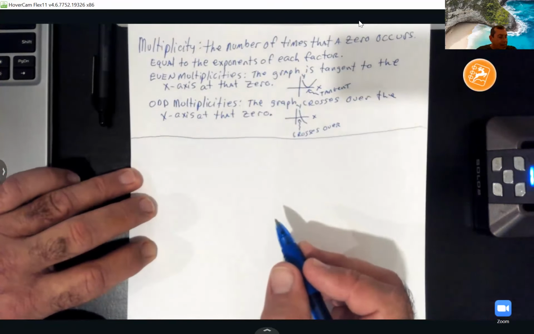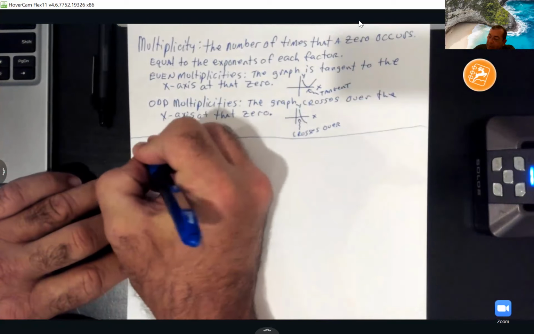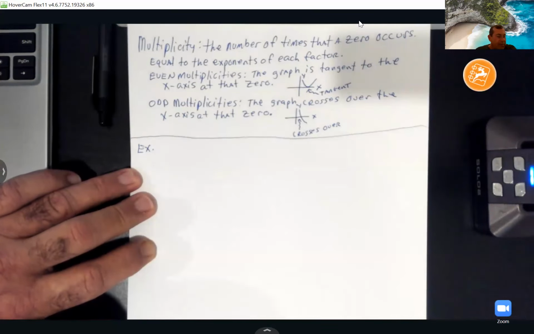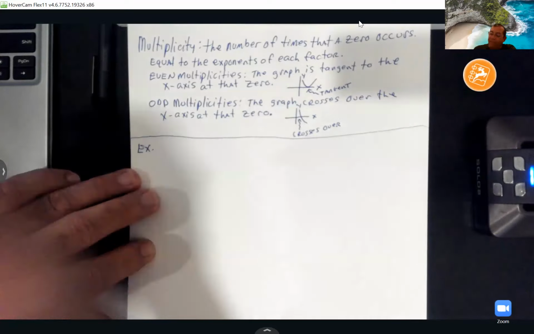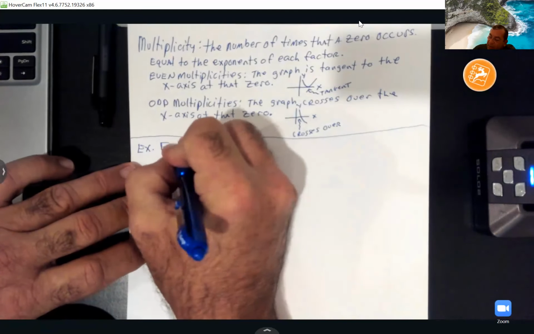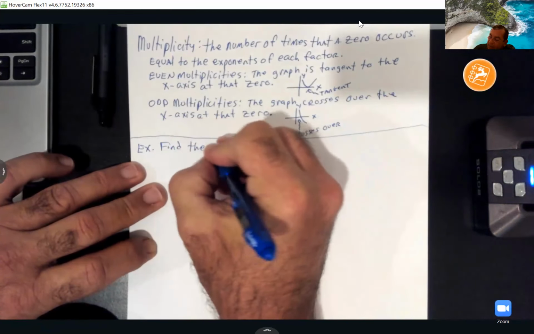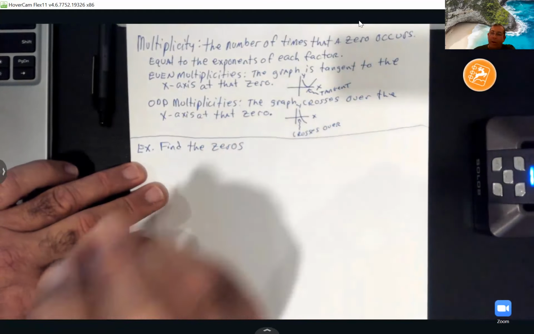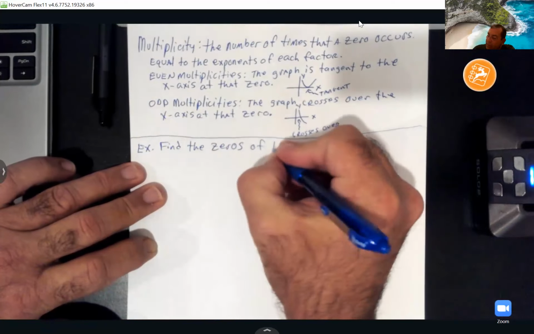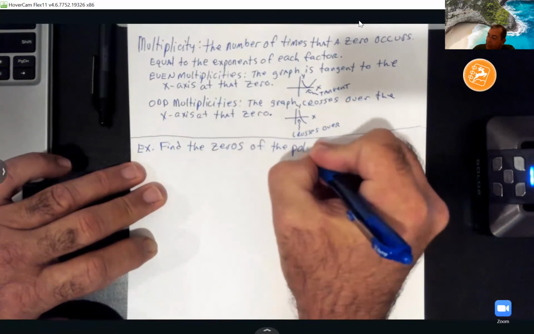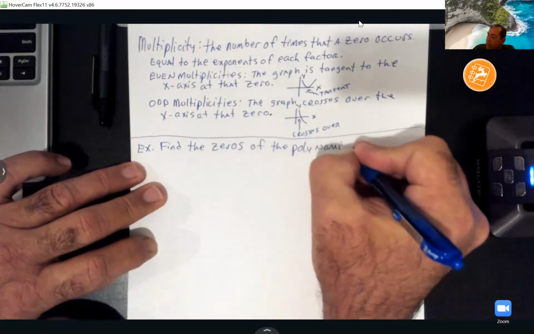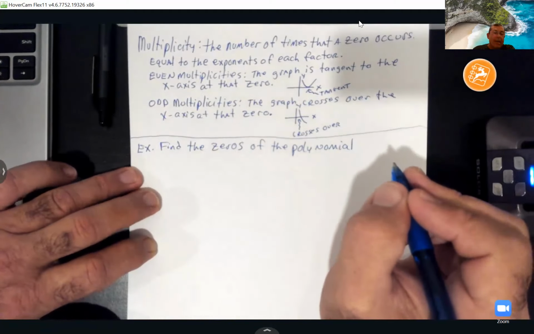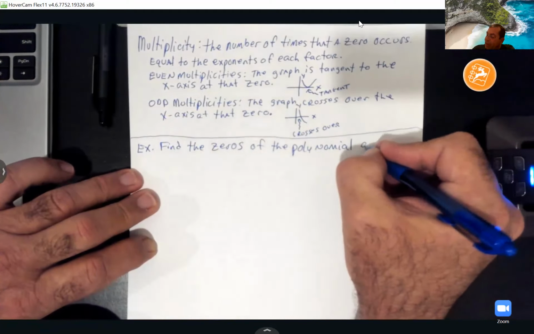All righty, so for these examples, we're going to find the zeros of the polynomial and state the multiplicity of each.